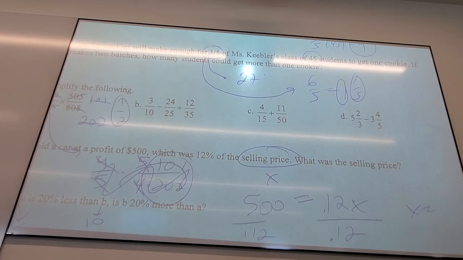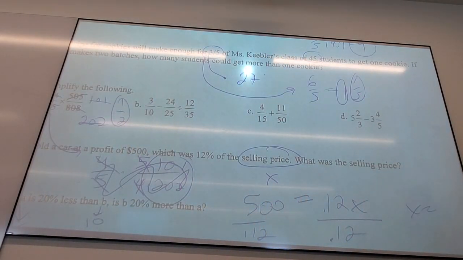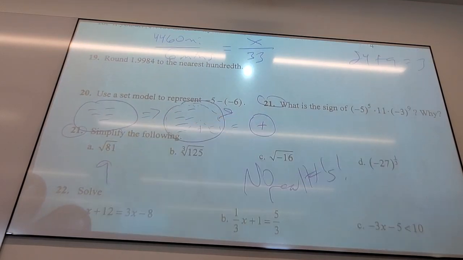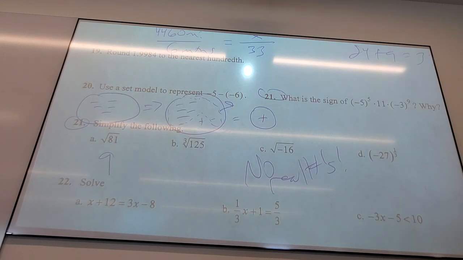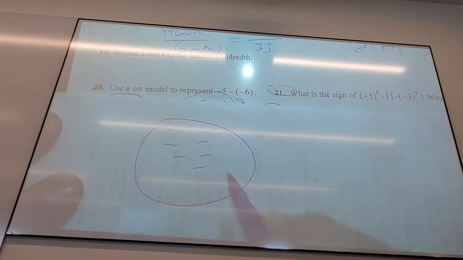Yes, sir. You already showed it, but can you do number 20 over? I didn't get it. Negative 5 is there, yes?